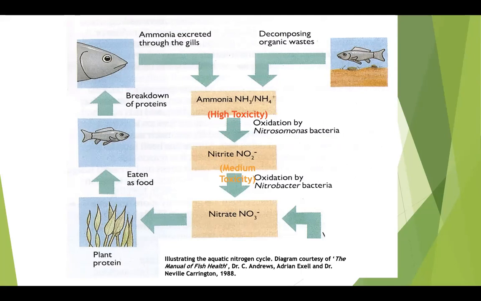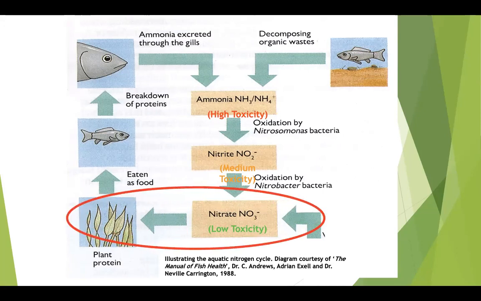And then the final process is breaking down into nitrate, which is of much lower toxicity, many times less toxic than ammonia and nitrite. And the bit to highlight here is that nitrate can then be used by plants for growth. Nitrogen is a plant fertilizer. So if you've got plants in there, they'll take up that nitrate and put it into growth rather than leaving it in the water to grow in toxicity.